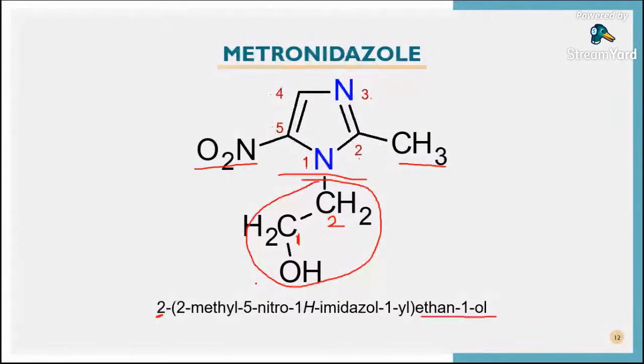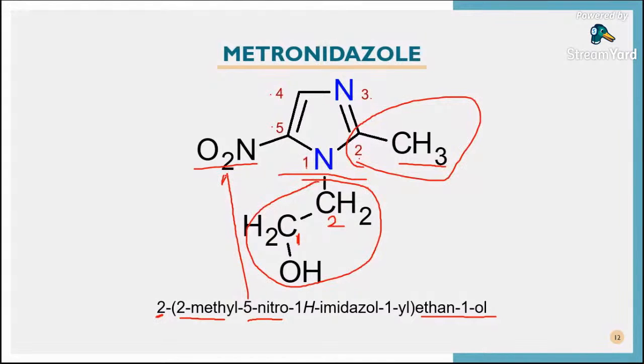Okay. What are the substituents? Imidazole also has substituents. So what are the substituents? 2-methyl. So this is the 2-methyl. Okay. 5-nitro. So this is the 5-nitro. 1H-imidazole. So we have replaced E with YL, because it is a substituent.